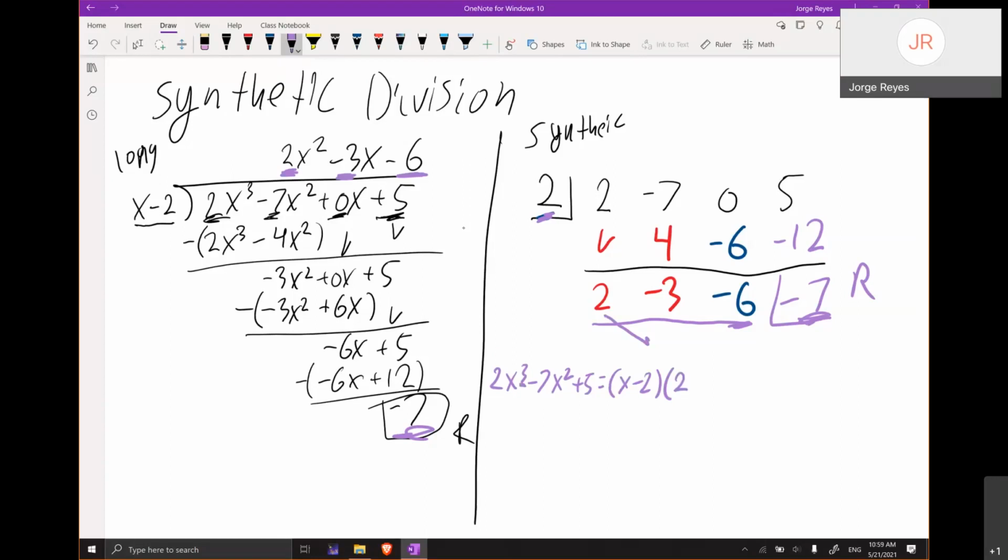So it's going to be 2x squared minus 3x minus 6. And then this would be minus 7. Okay. Or I guess more properly, x minus 2.